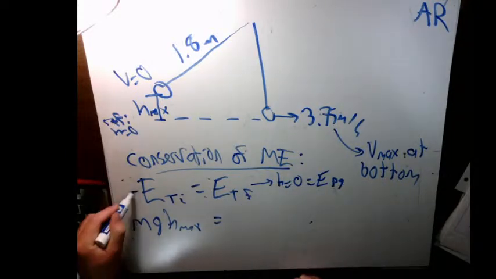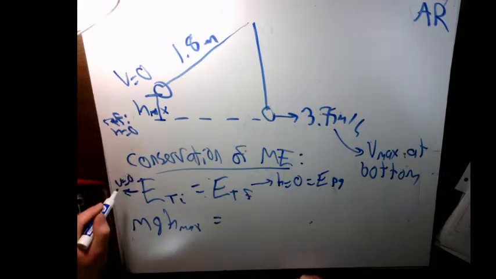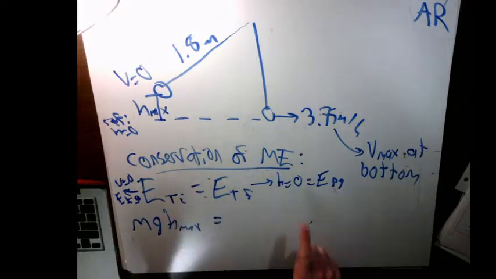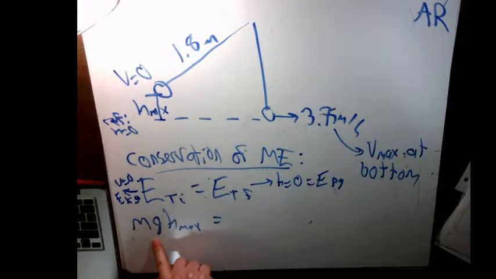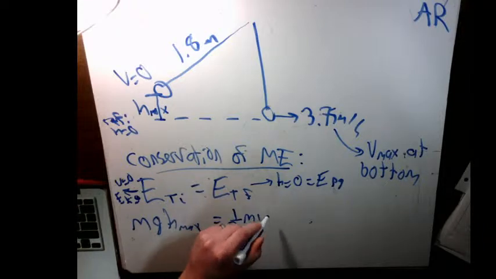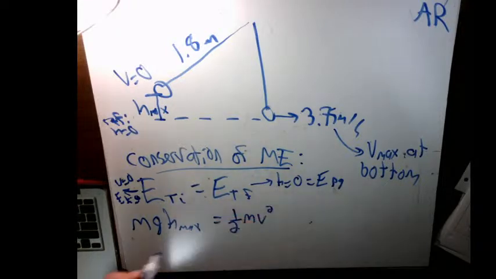Just like here we have 0 kinetic. So instead of having all gravitational potential energy, here we have all kinetic energy, half of mv squared. All right, we're looking for h max.